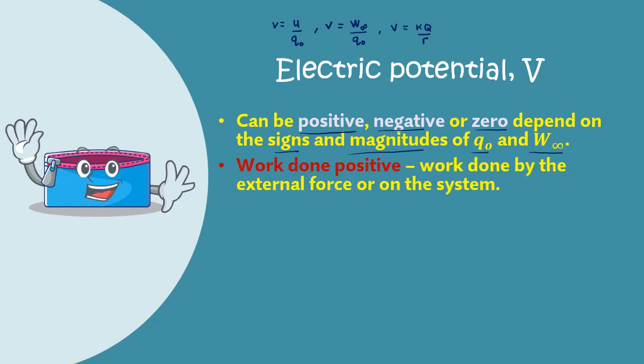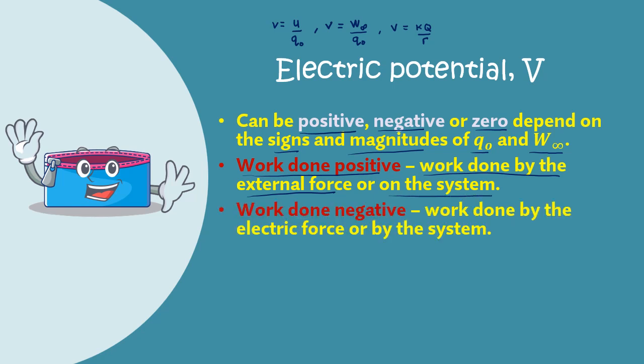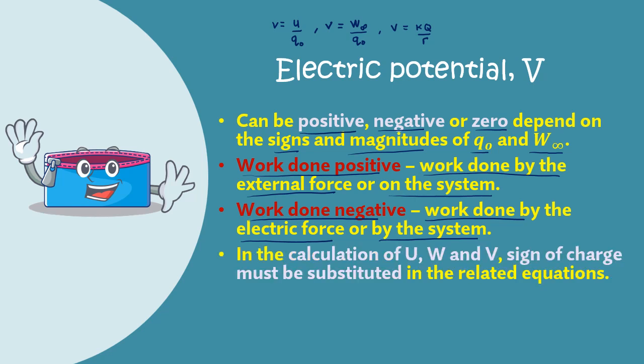If the work done is positive, it means the work is done by the external force or on the system. If the work done is negative, it means the work is done by the electric force or by the system. From here, don't forget, in any calculation involving U, W and V, the sign of the charge must be substituted in the related equation.